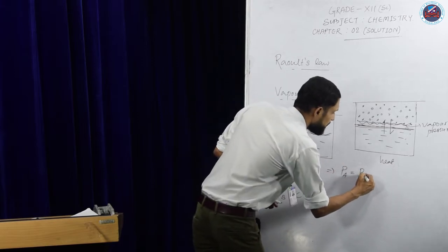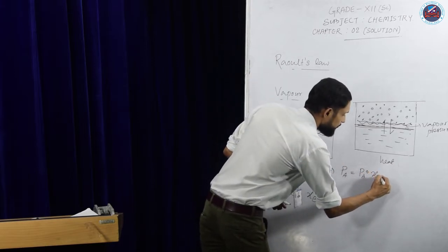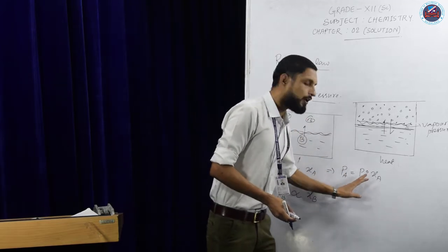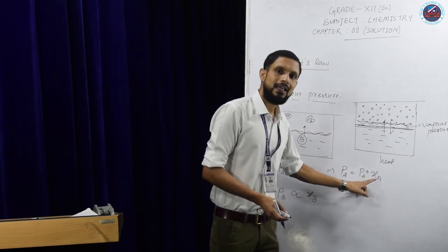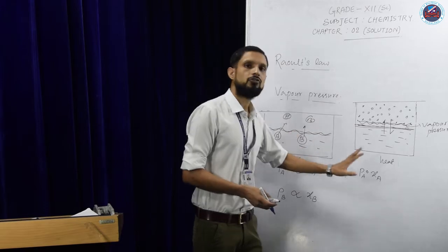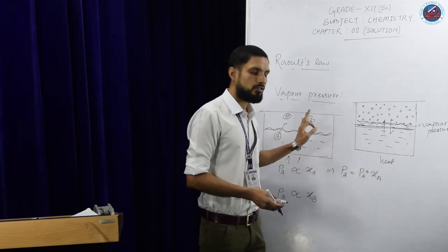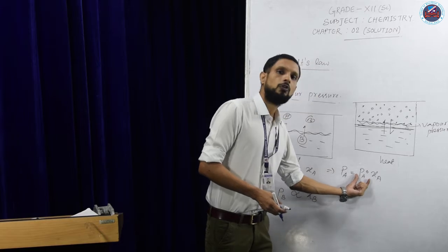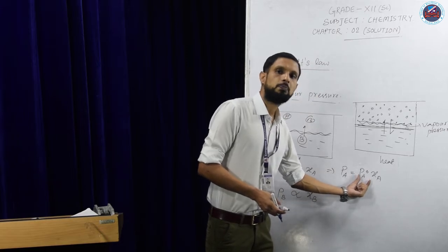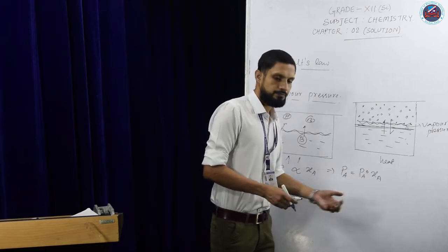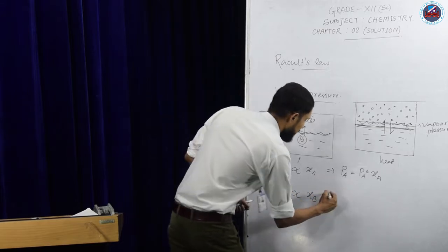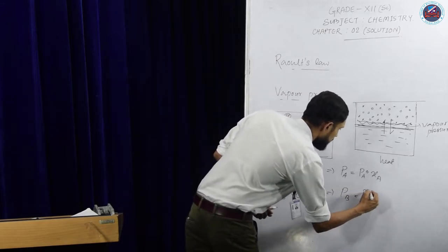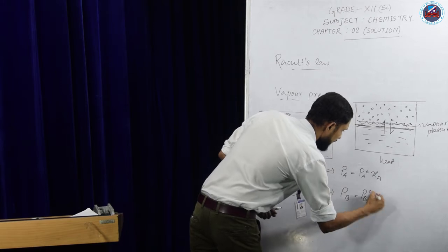So the constant is PA naught, where PA naught is the vapor pressure of solvent A. That means when it is only the solvent, when you are not considering solution, that means it's a pure solvent. This is the vapor pressure of solvent A. It is also known as partial pressure of A. Similarly, from here we can write PB is equal to PB naught XB.